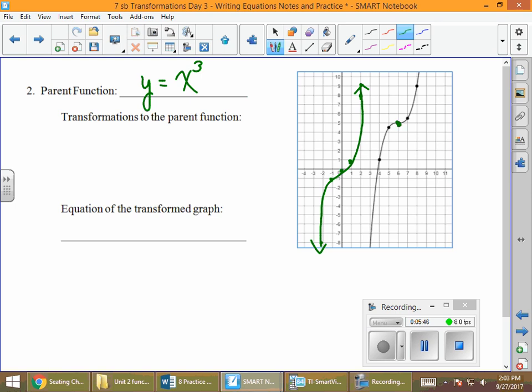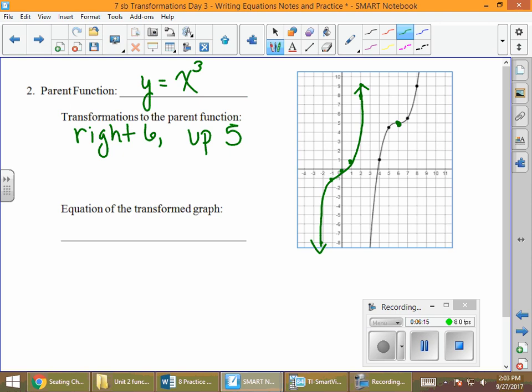And if we can identify that fact, what we see is we went 1, 2, 3, 4, 5, 6 spaces right. We went right 6. And we also went up 1, 2, 3, 4, 5. Well, there's our first two.